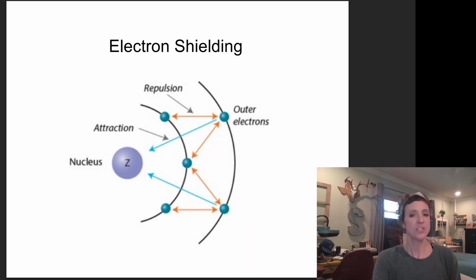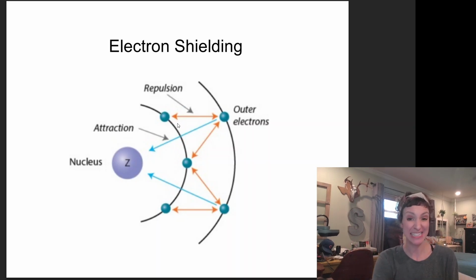Okay, let's unpack that a little bit more because that's kind of a wackadoo concept. Shielding. Let's pretend here's a little section of a Bohr model of an atom. Here's my nucleus. Do not worry about Z. That's just a typical term for protons, our atomic number. I've got my valence electrons here, my outer electrons on this outer shell. But there is another energy level in between that valence shell and the nucleus. Now, we know that electrons are negative and they are going to want to repel.